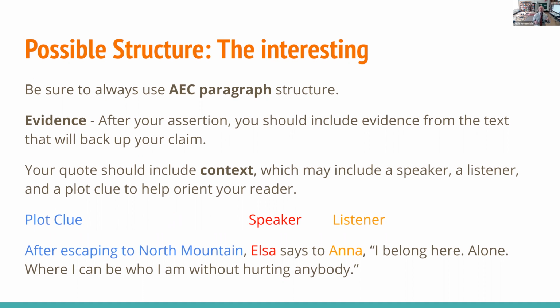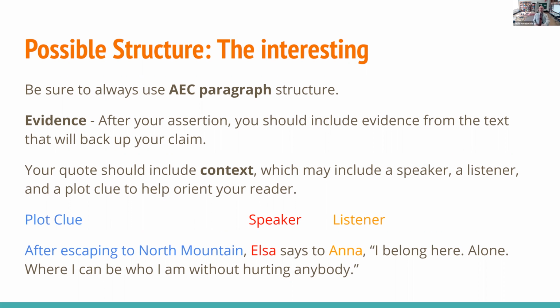The plot clue gives a reader some orientation to help understand, well, where in the story or poem does this happen? For example, after escaping to North Mountain, Elsa says to Anna, "I belong here alone where I can be who I am without hurting anybody." The plot clue is after escaping to North Mountain because it tells us what's going on in the story at the point when Elsa says this.